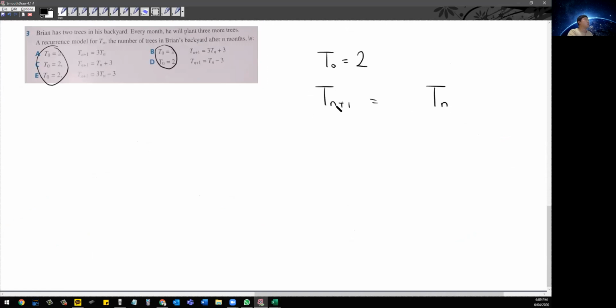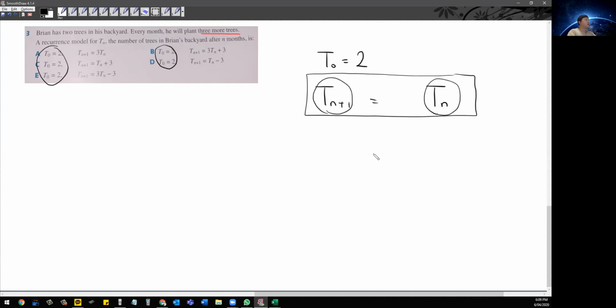This question wants you to find out the relationship between the number of trees in the previous month and the number of trees in the next month. Every month he will plant 3 more trees, so this one must be 3 more than this one, right?